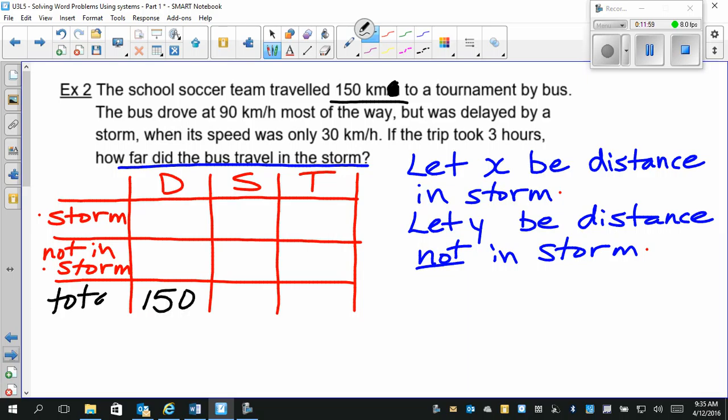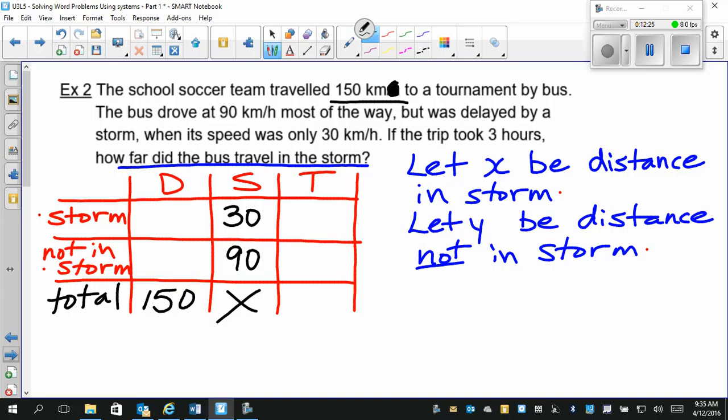The bus drove at 90 kilometers most of the way, but was delayed by a storm when its speed was only 30. So when they were traveling in the storm, the speed was 30. When they were traveling out of the storm, the speed was 90. And again, we don't need a speed total there, okay?